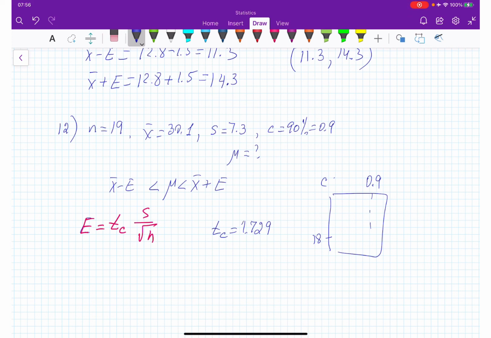Okay, now we need to find the margin of error, which is going to be 1.729 times S.